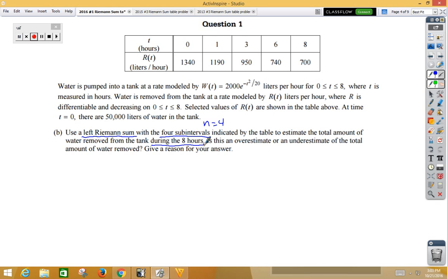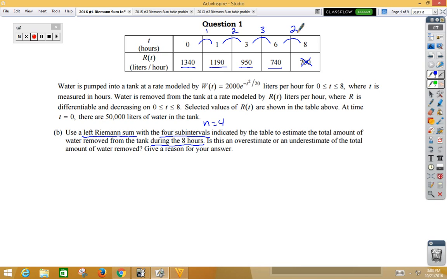Left Riemann sum, remember, we start with the left and we use all of these terms but not the last term. We need to look at what we're skipping by. We're skipping by 1, we're skipping by 2, we're skipping by 3, then we're skipping back by 2. These are left Riemann rectangles.